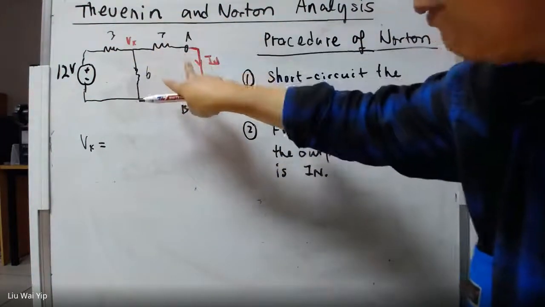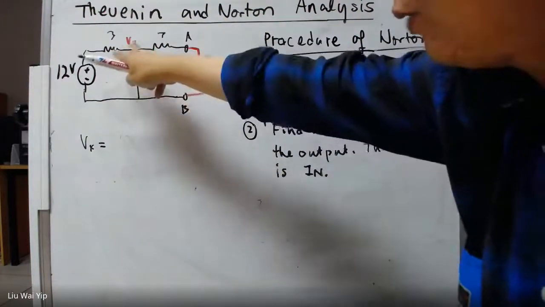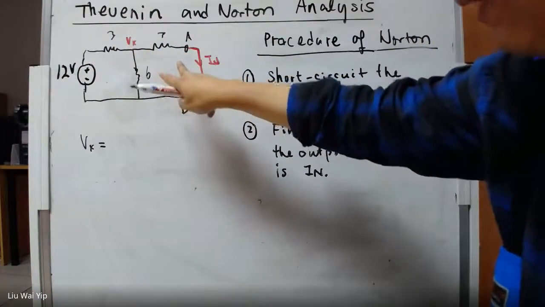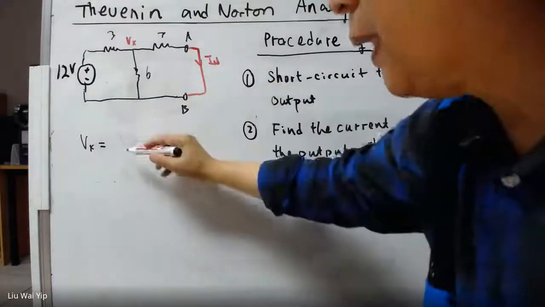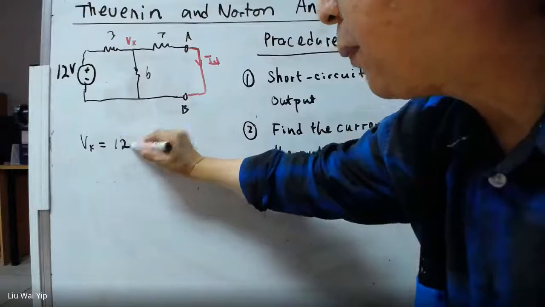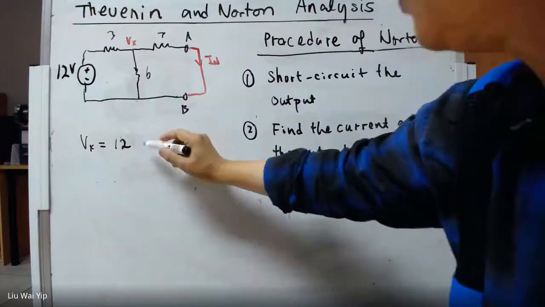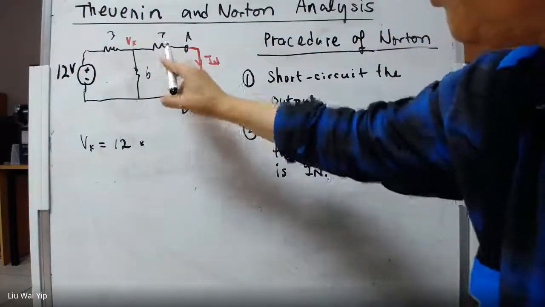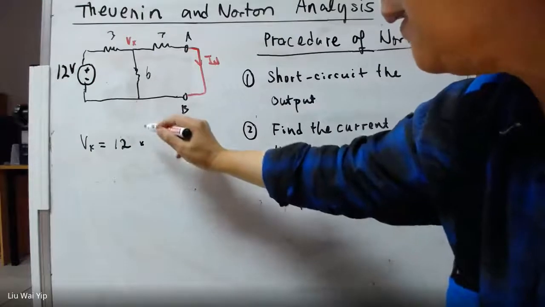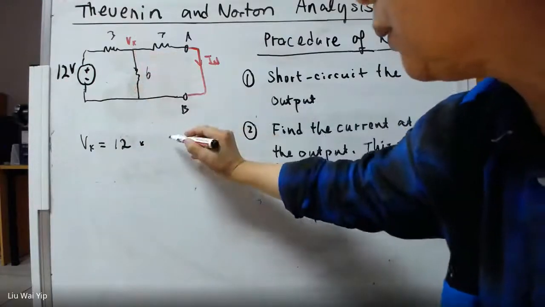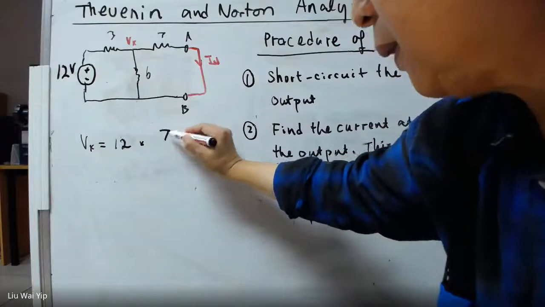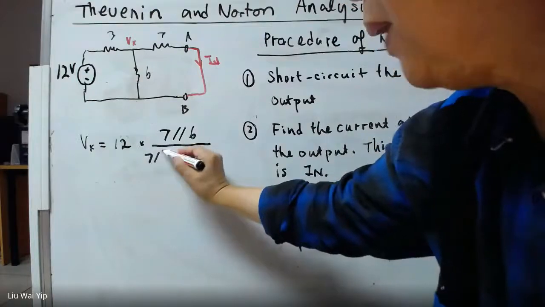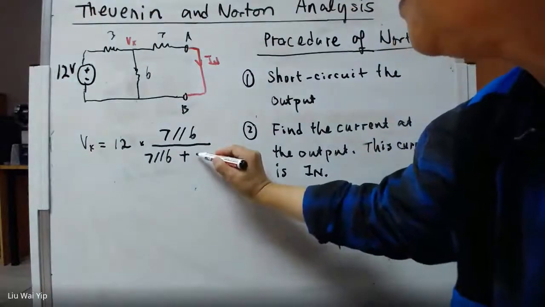You have the parallel resistor here, and you have a 3 ohm resistor in series with this parallel circuit. So we can say 12 volt, and then the voltage Vx is going to be 7 in parallel with 6, over 7 in parallel with 6 plus 3.